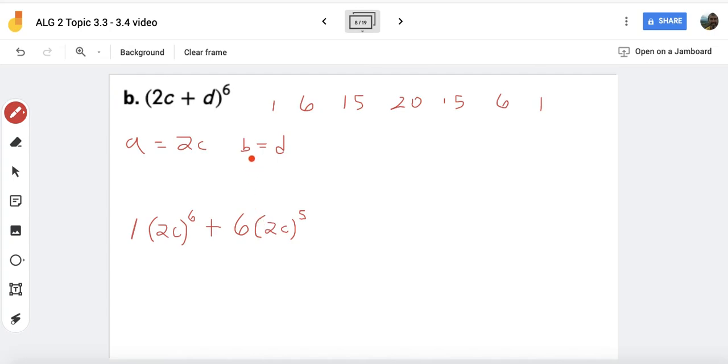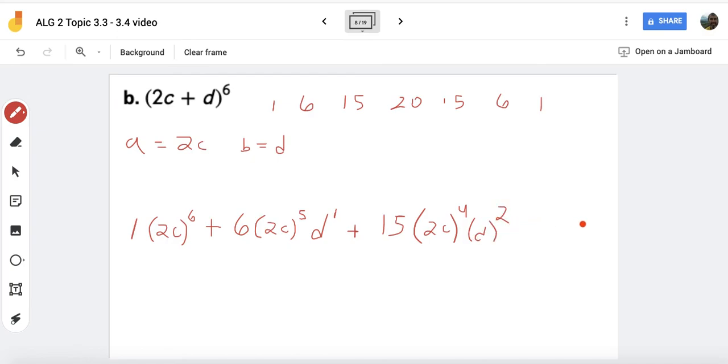And then the B value, which is D, is to the 1st power. Then the next term, 15, and I have 2C this time to the 4th power, because that's going to keep decreasing, and my B value keeps increasing for an exponent. So this time I have D to the 2nd power.